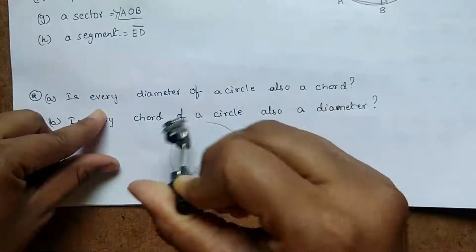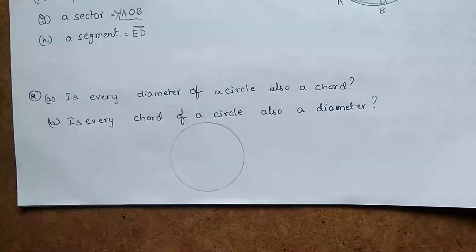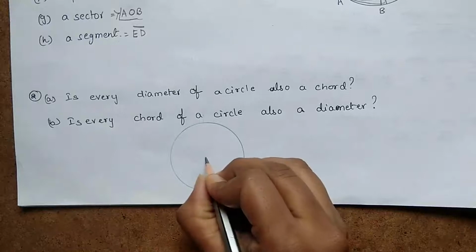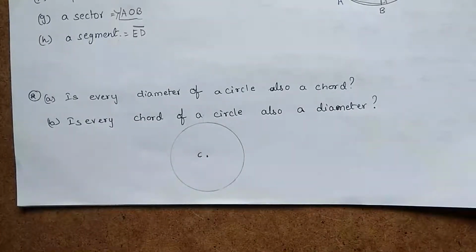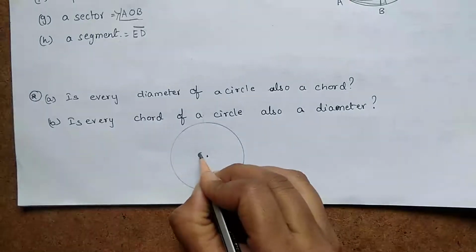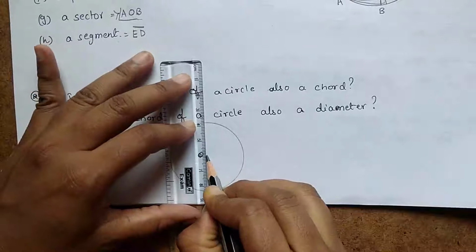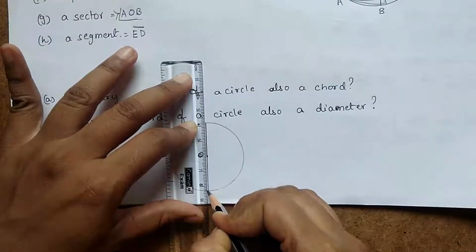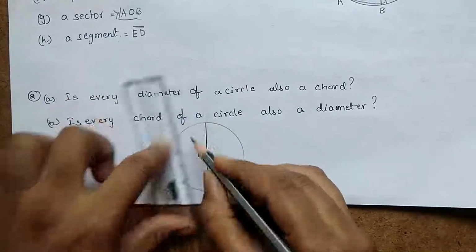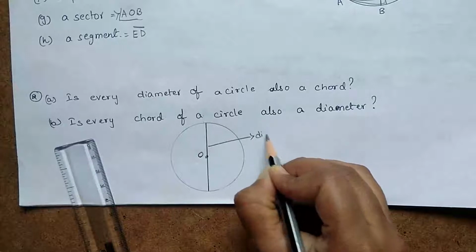This is the middle point of the circle, point O, the center of the circle. Now I am going to draw a diameter of the circle through the center. So it is called a diameter.